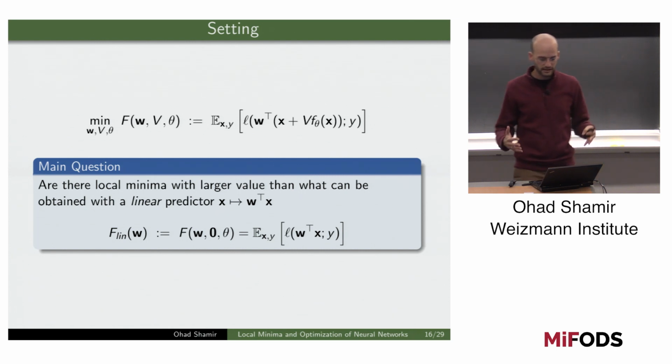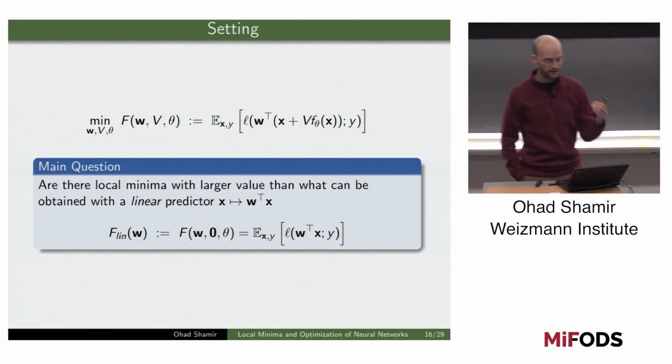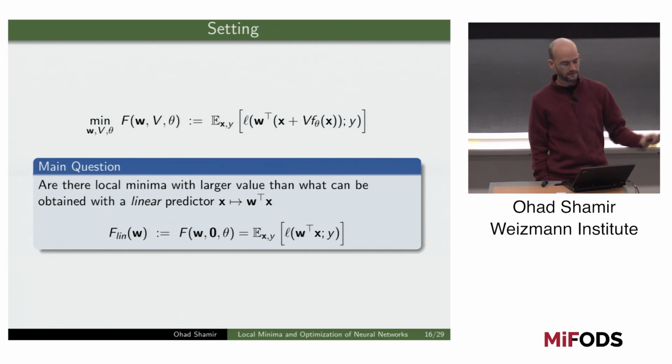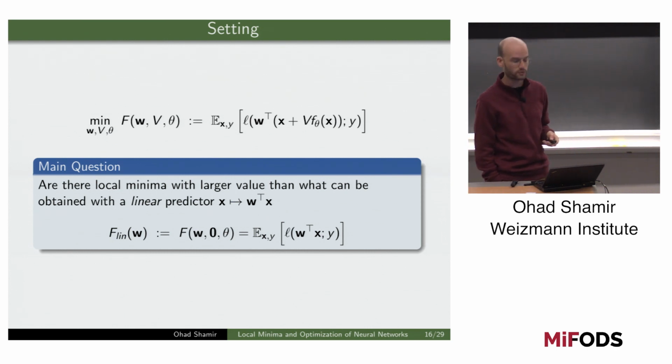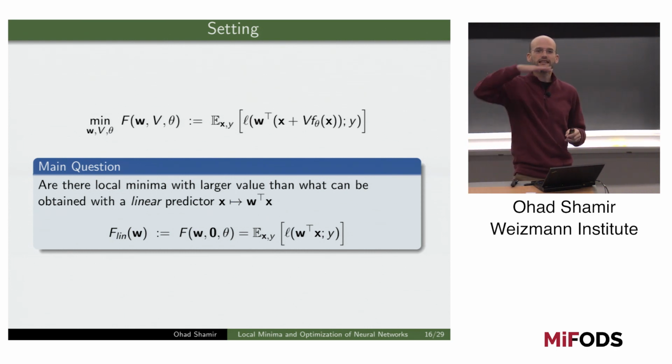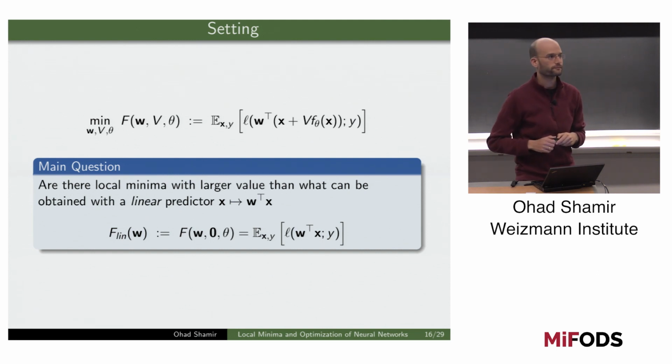So the main question is, for this non-convex optimization problem, are there any local minima whose value is larger than the best that we can obtain with a linear predictor? Just x maps to W transpose x. That's the level set. And we're asking, are there any local minima above that level set?